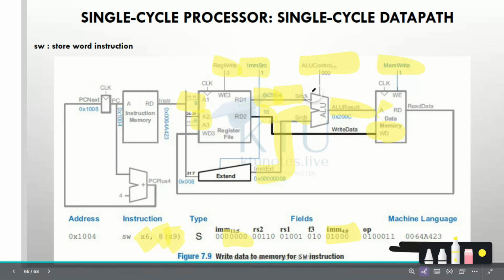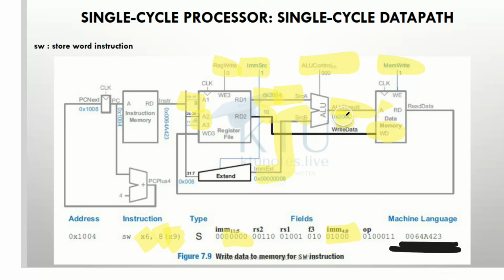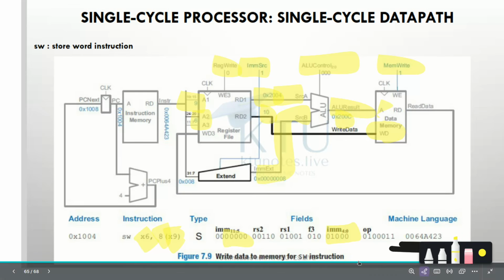Now I am adding and I finally get the result 0x200C. How do I get 0x200C? If you want, I can help you with that.